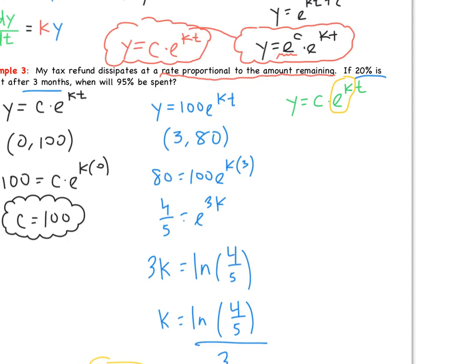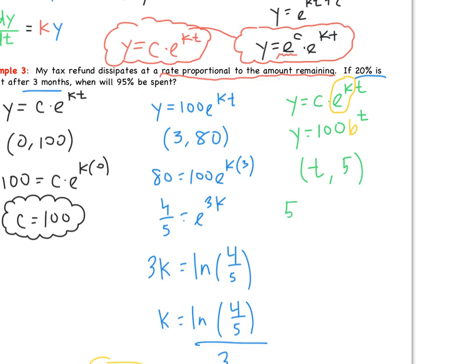So what we're really looking at is y equals, c was 100, and it's this b to the t value now. Okay. So now what we want to find is, well, what's t when we have 5% left, right? We spent 95%. Okay, so now we can certainly do that.